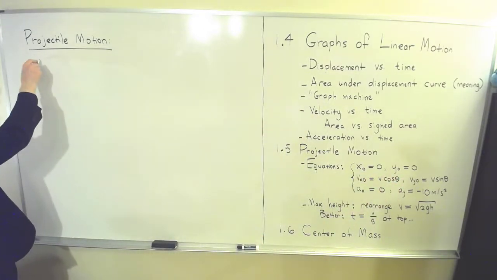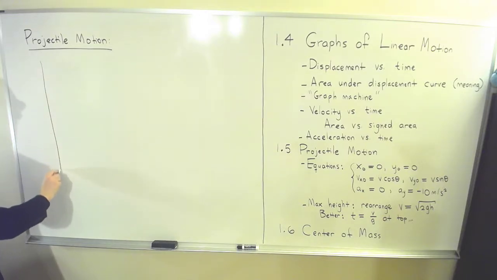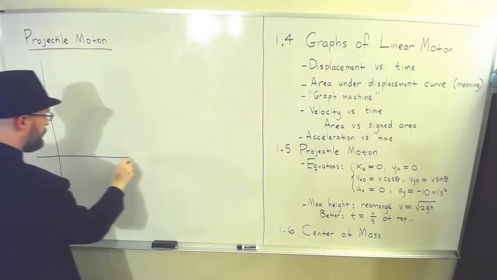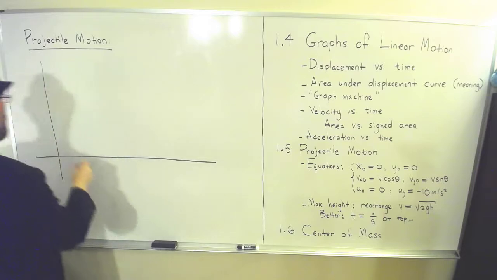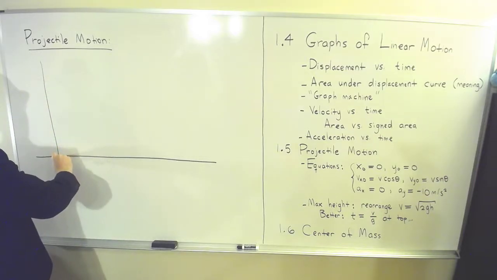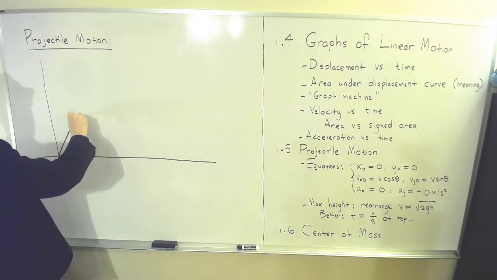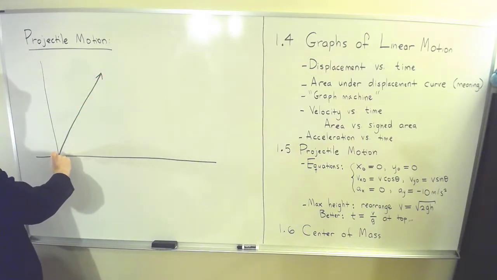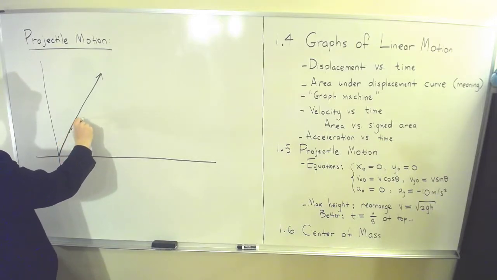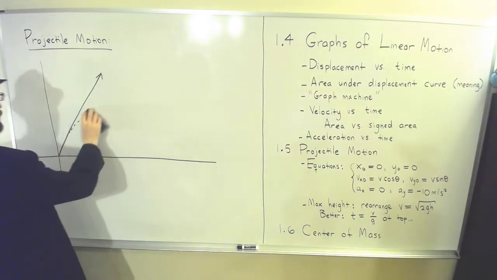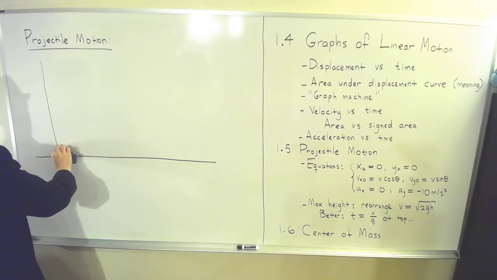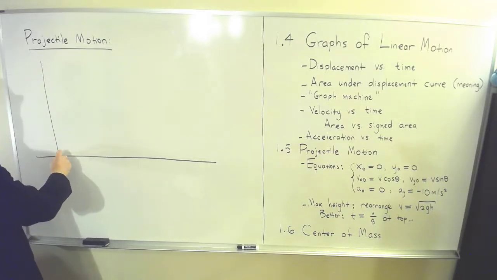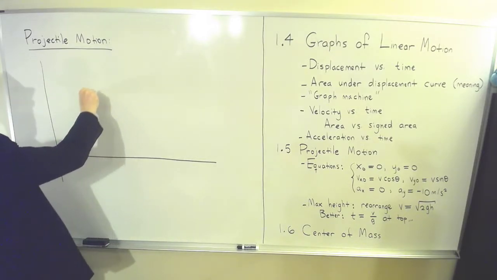So let's draw our coordinate system larger. Now I'm going to launch this cannonball or whatever it is in this direction. Of course it's not going to stay going in that direction because of gravity. Let me try again and see if I can be a little bit more accurate.